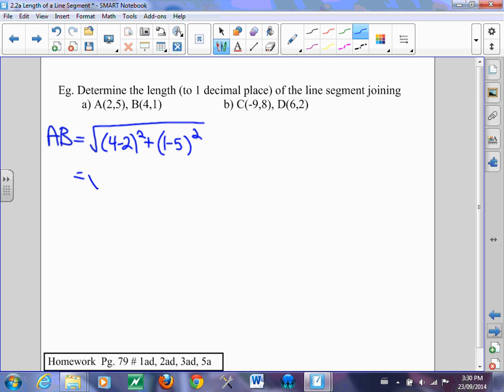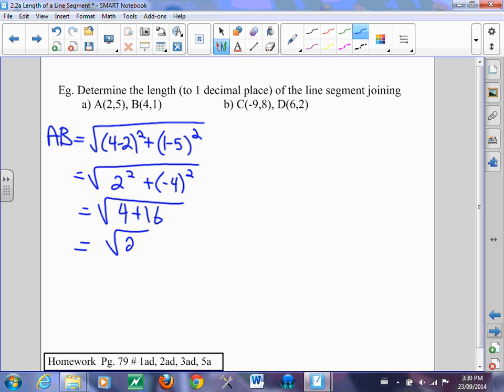And again, your calculator will do most of the work for you, as long as you simplify. 2 squared plus negative 4 in brackets squared. You should plug in your calculator and get 4 plus 16, and that equals root 20.